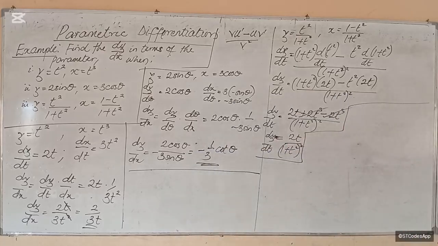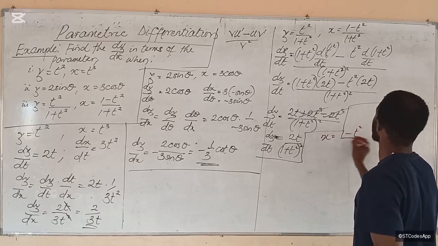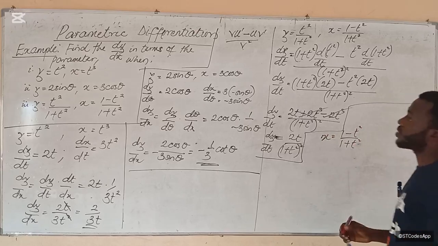And let's go and differentiate our second one. So we have x is equal to 1 minus t squared over 1 plus t squared.